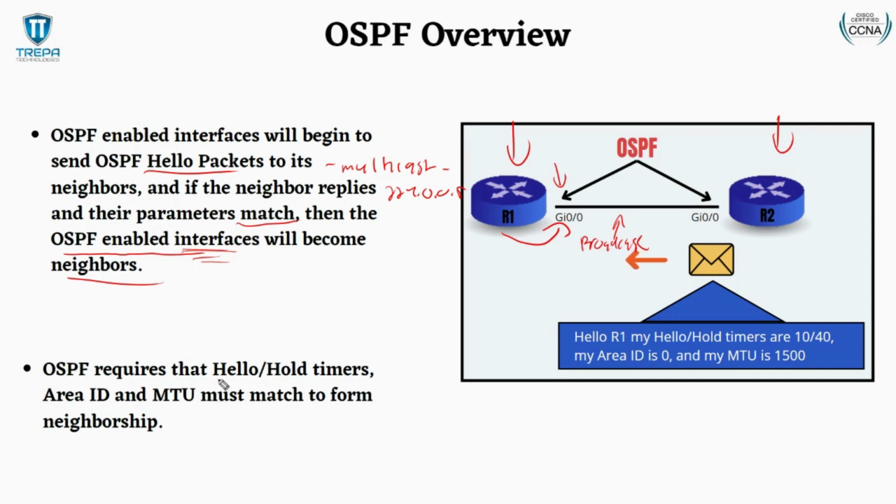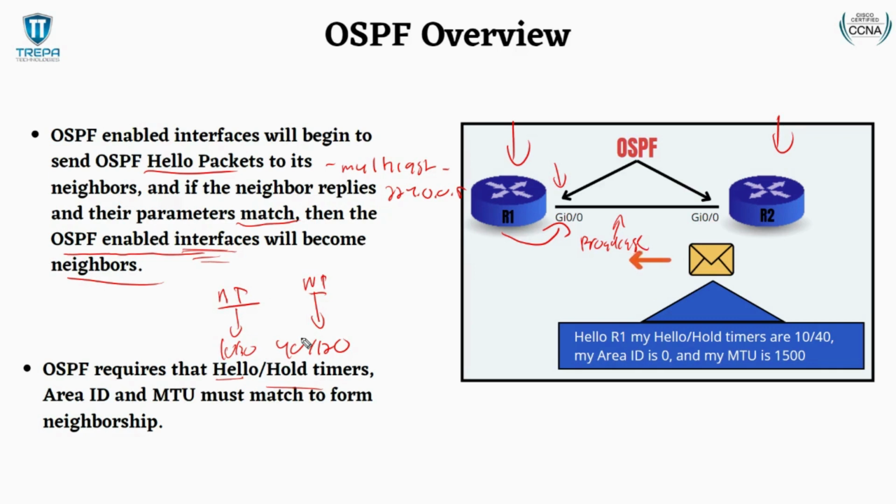You're going to need your hello and hold timers to match. There are default timers on these, 10 and 40, and then 30 and 120, excuse me, again depending on the type of network. Let's put NT for network type, on whether it's going to be 10 and 40 or 30 and 120.